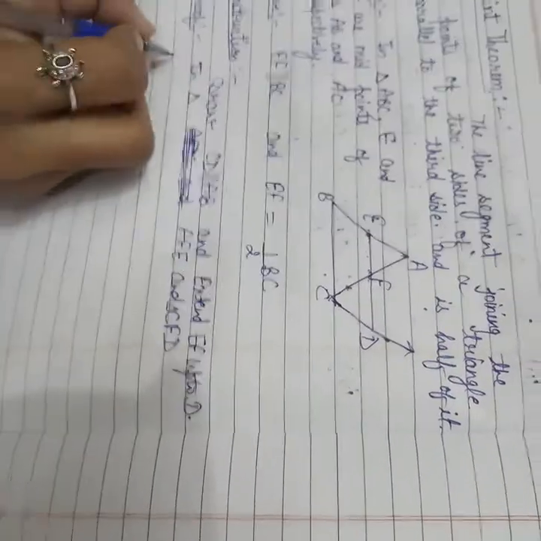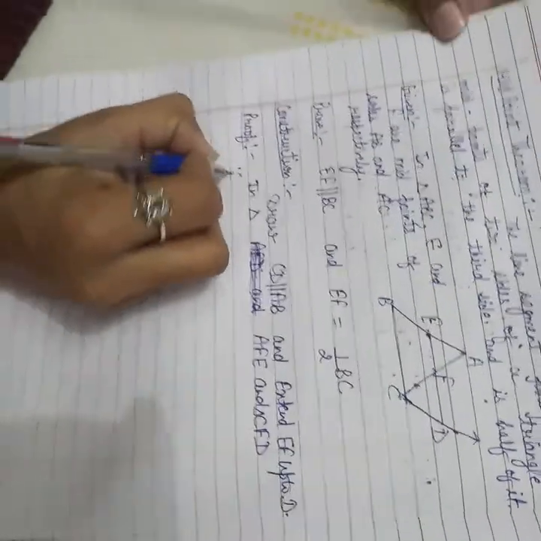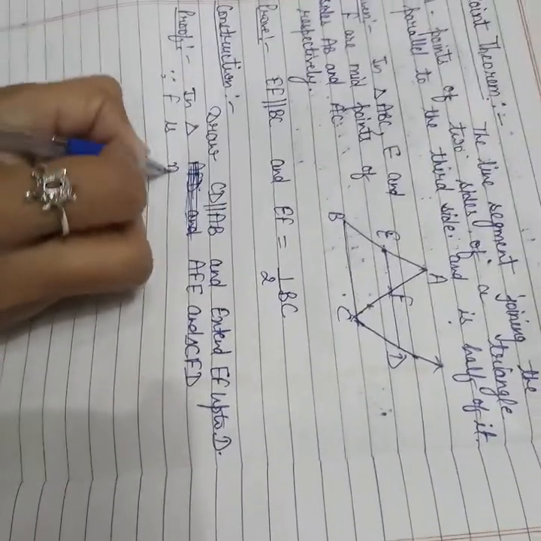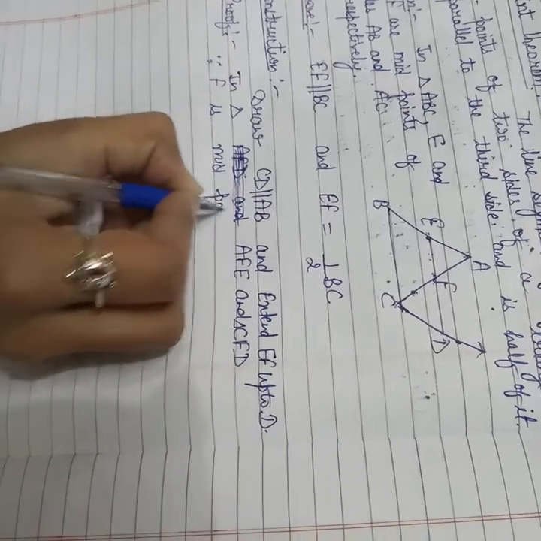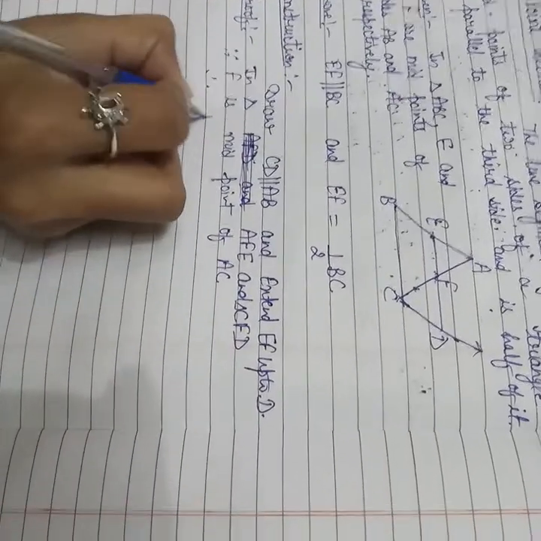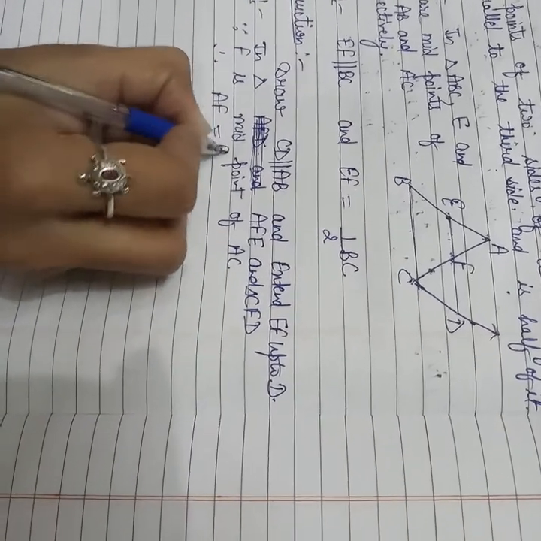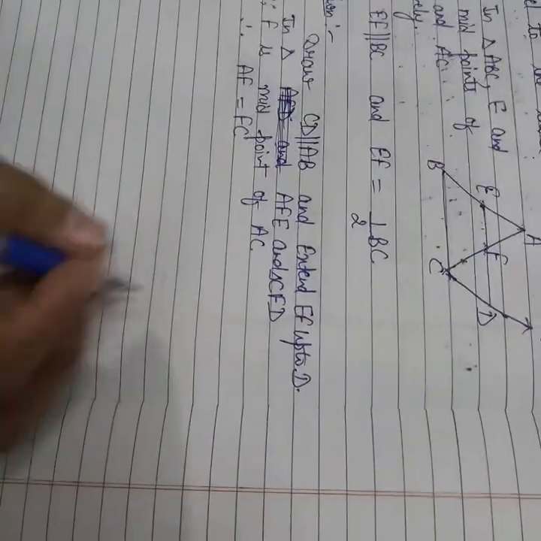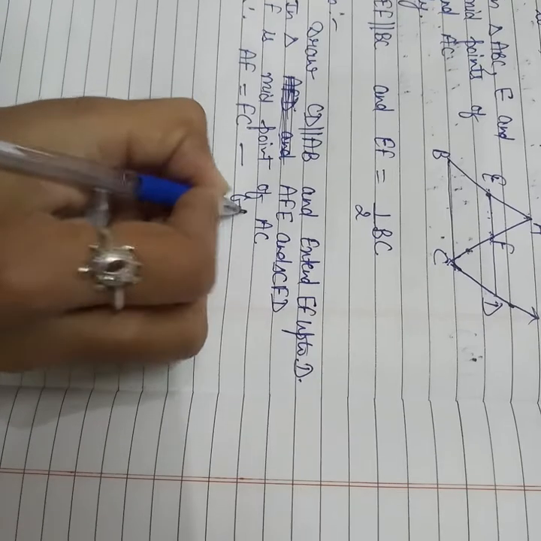Because F is the midpoint of AC, therefore AF equals FC. This is given.